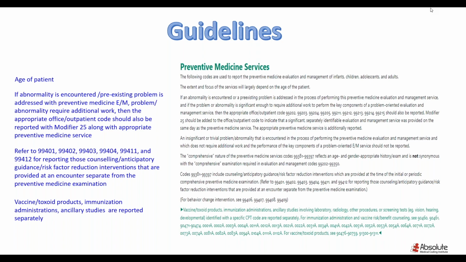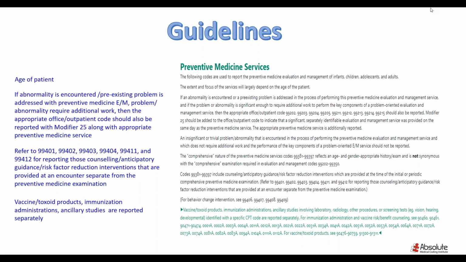So during a preventive medicine visit, if any problems have been addressed and evaluated along with additional workup, we can append the outpatient service codes along with the preventive medicine service CPTs.